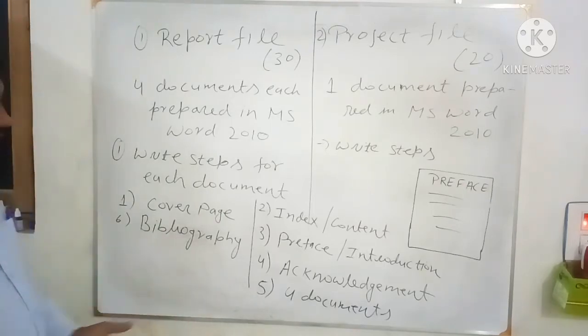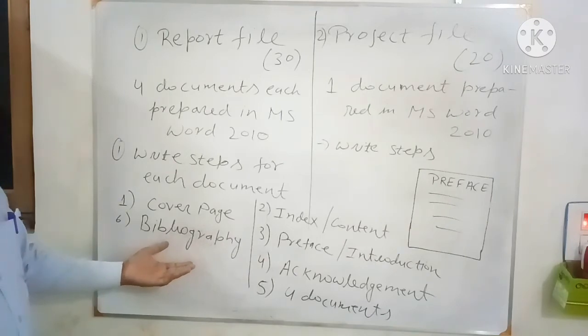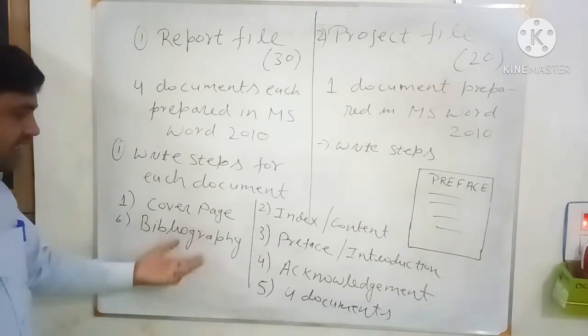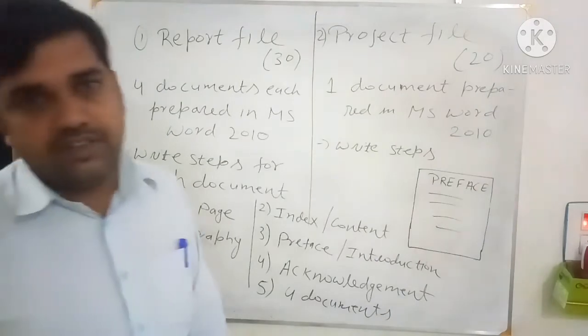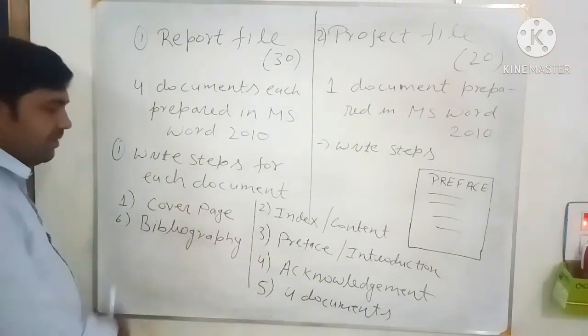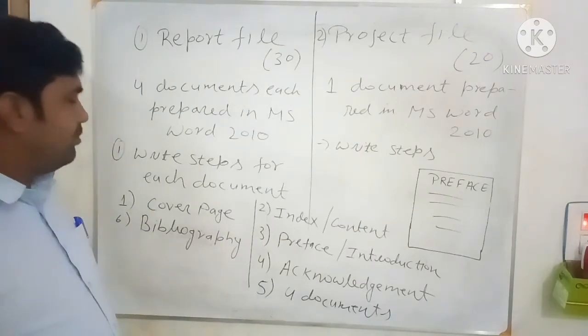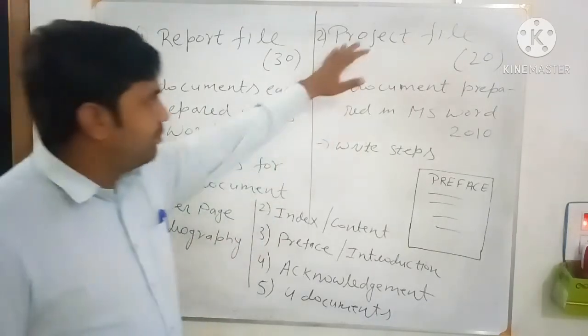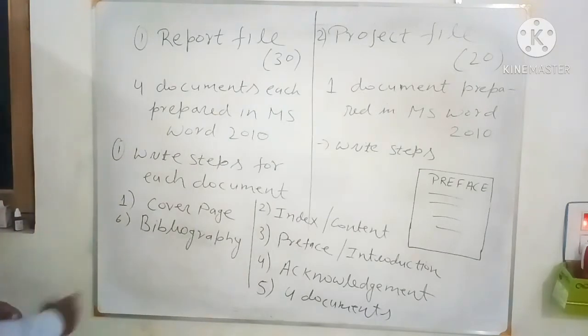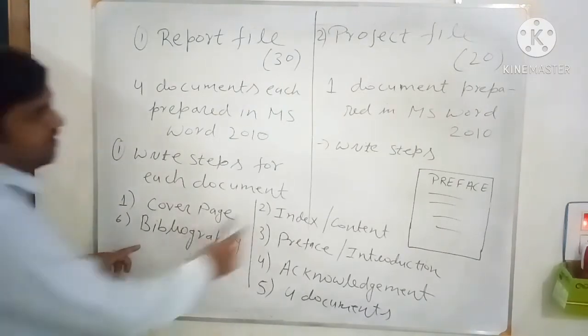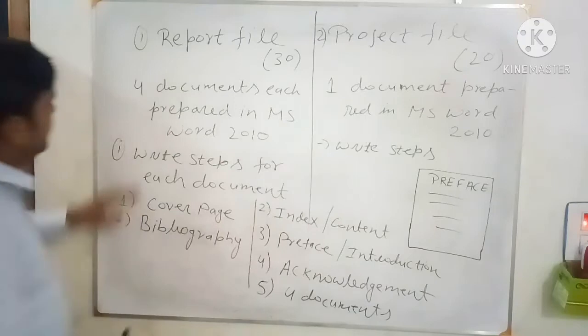If you have taken help from your friend or your teacher, that person's name you have to mention in the bibliography. So if my teacher, my friend, or any relatives helped you prepare the project, you write it in the bibliography. This bibliography is only needed in the project file, don't put it in the report file.